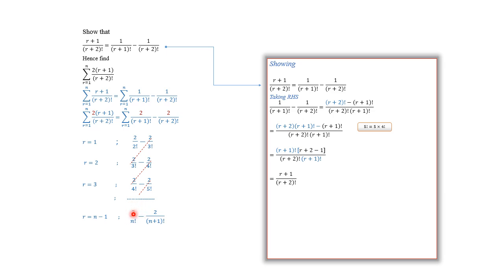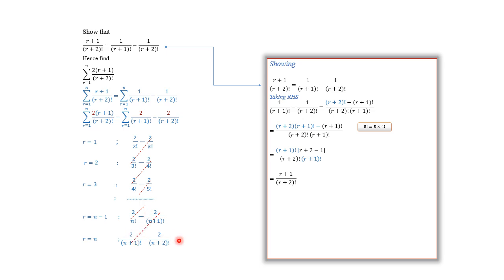There's a term here that cancels with the previous term, when r equals n minus 2. Now for r equals n, we have 2/(n + 1)! minus 2/(n + 2)!. The pattern just continues like always. This one will cancel with the previous term, and this one will cancel with this one.